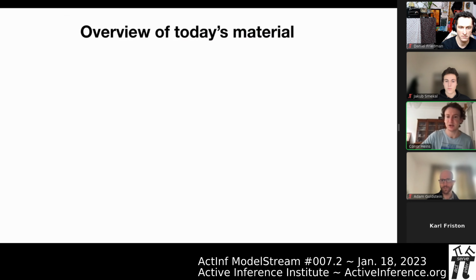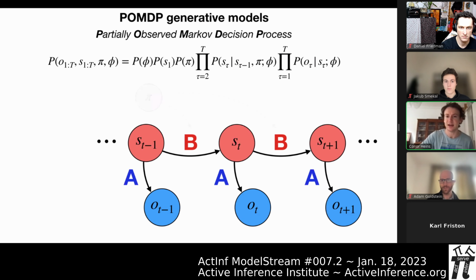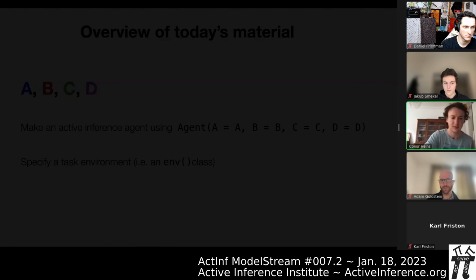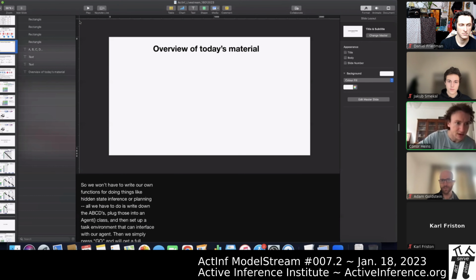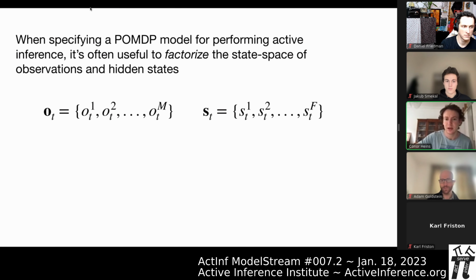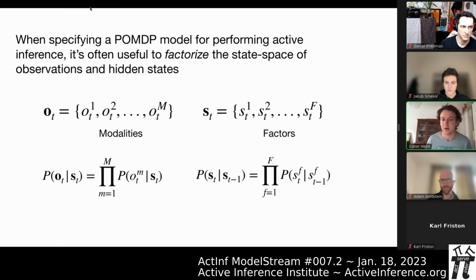this independence property. Where is it? Here. So the lower right shows that the state of one factor over time only depends on the state of that factor at the previous time step.